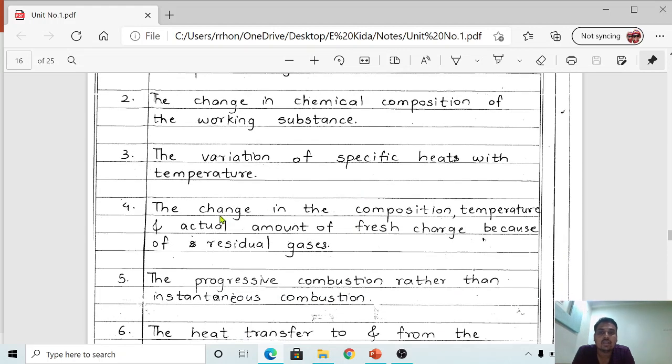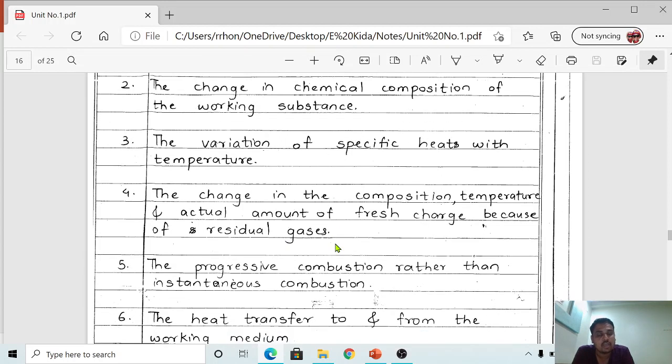The fourth one, the change in the composition, temperature, and the actual amount of fresh charge because of residual gases. As I told you earlier, some product of combustion already remains in the engine cylinder.